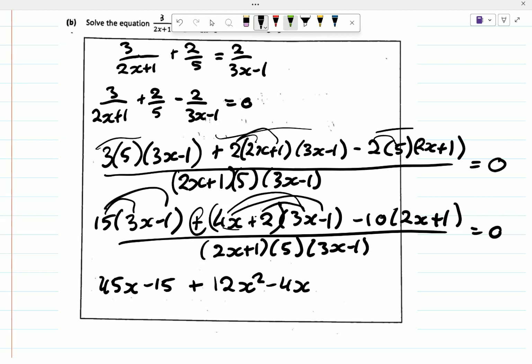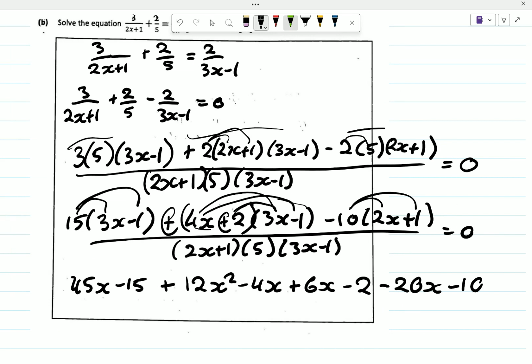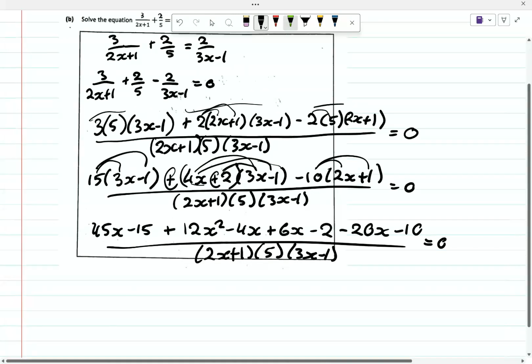Positive 2 times 3x is positive 6x. And positive 2 times minus 1 is minus 2. Minus 10 times 2x is minus 20x. Minus 10 times 1 is minus 10. And don't forget our denominator, 2x plus 1, 5, 3x minus 1, and that's all equal to 0.